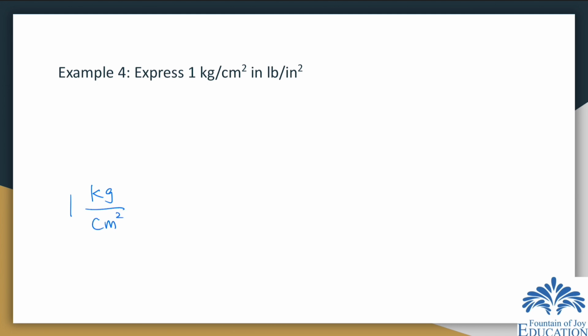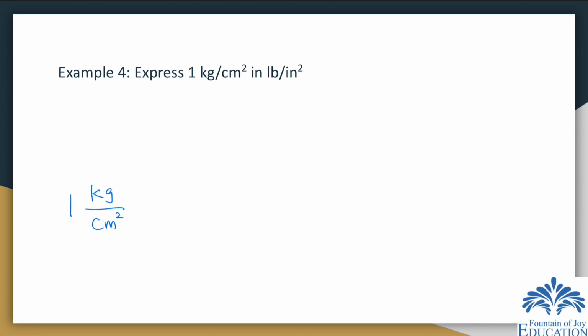When we convert these units, I prefer to rewrite these units into fractional form, so then it's easier for us to see what unit needs to be eliminated. So the first thing that we need to do is to convert the mass unit of kilogram to pound.